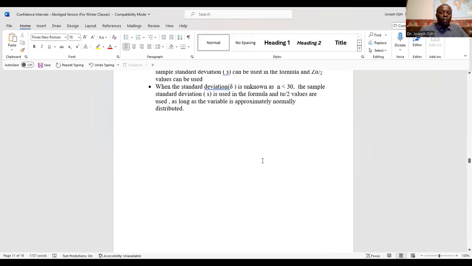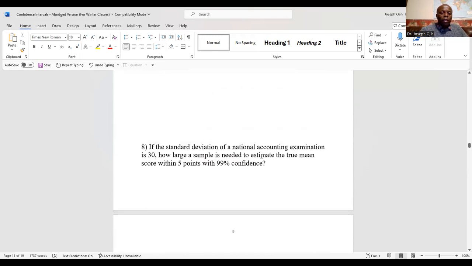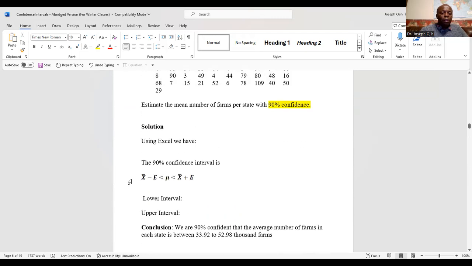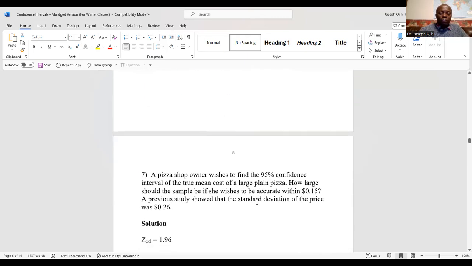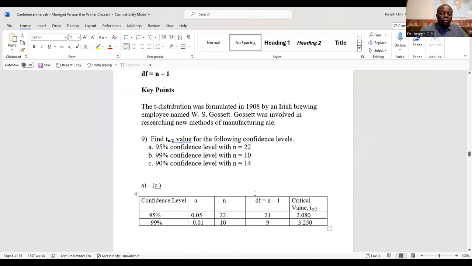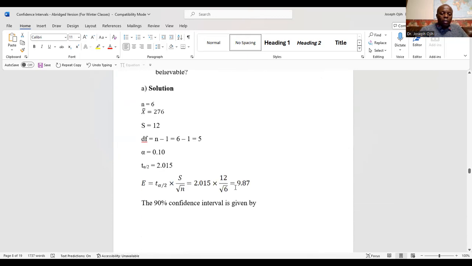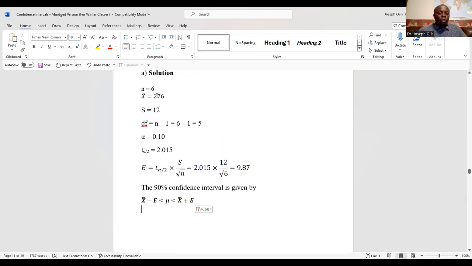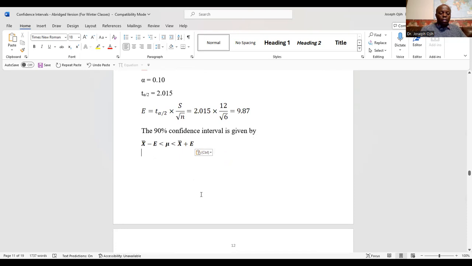Let me get it from where we used it before. Here we are, S bar minus error. S bar is 276 pounds, minus error of 9.87.